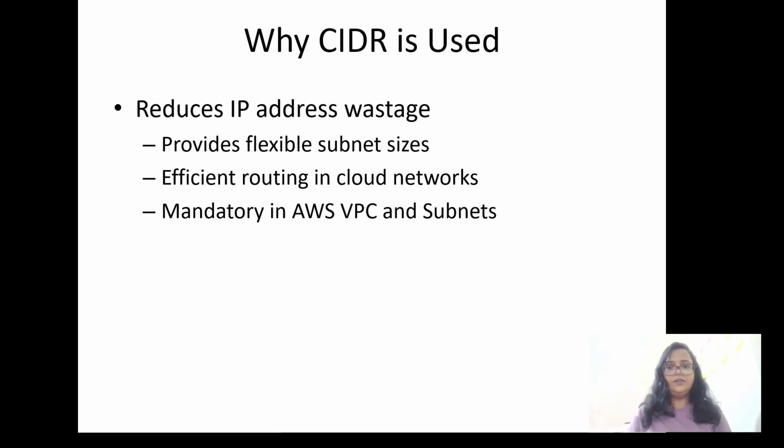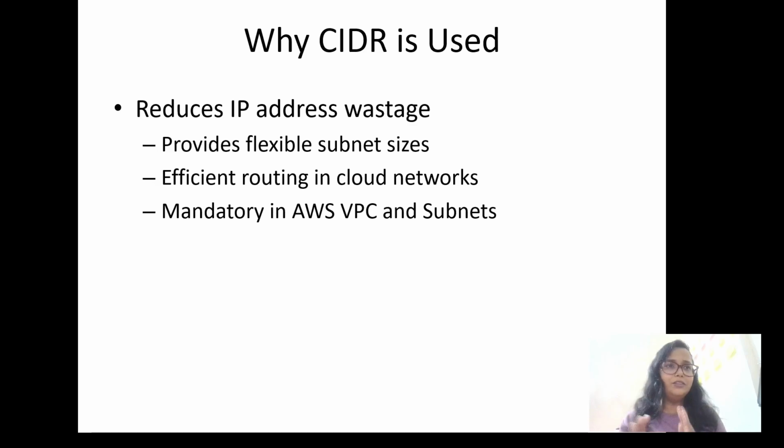Now we have to understand why CIDR is used. This question is very important. It is used to reduce IP address wastage, because you might reserve, for example, a 2000 IP address range that you are not going to use.